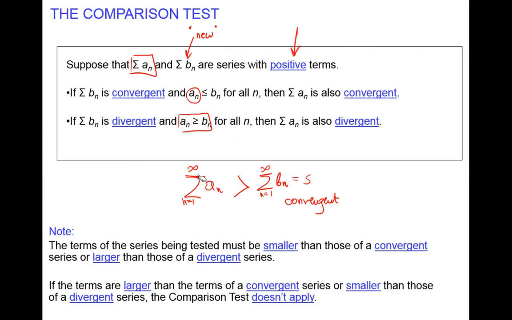A sub n might converge or may actually diverge, because something that is greater than a finite number could be a finite number or could be divergent, could be infinity. So we may have a situation where the comparison test doesn't work, right?